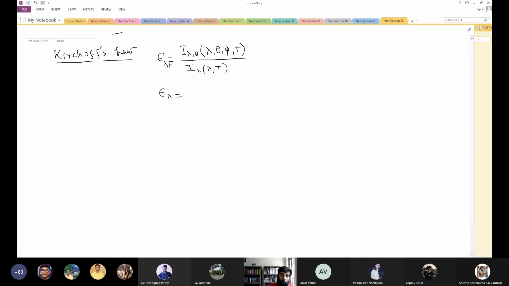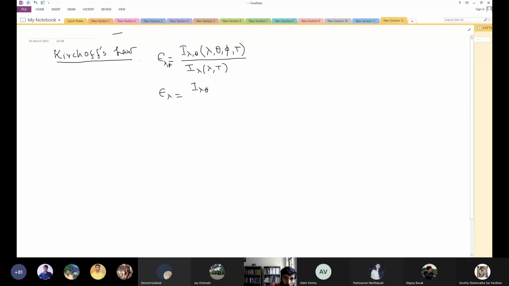So when we want to integrate over the entire hemisphere, we need to multiply it with a factor. What is the factor? Pi steradians. But this intensity is in the projected area in that direction.